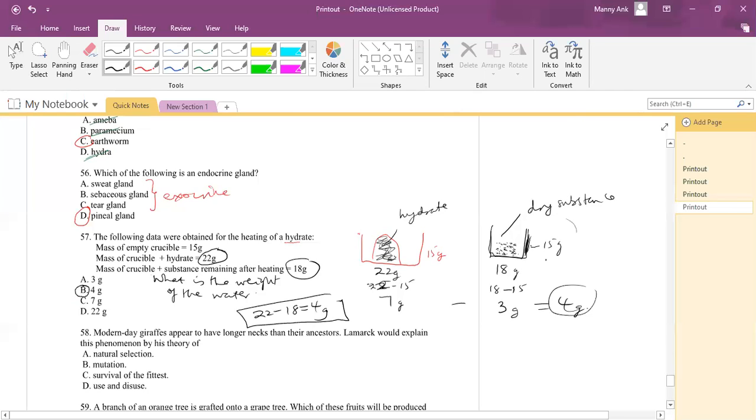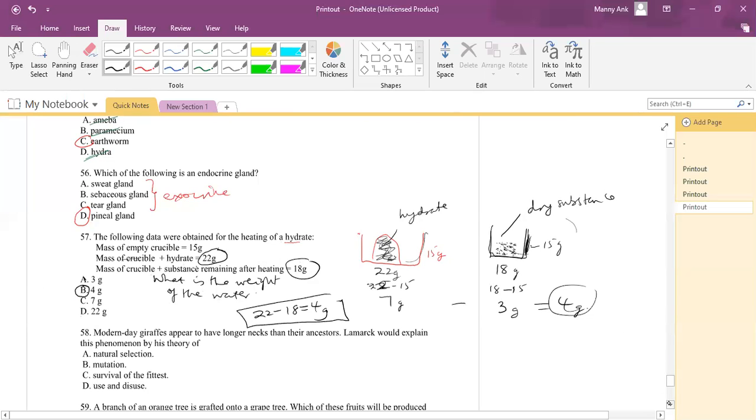But I did all this to show you what is happening. You take out the weight of the empty crucible from each of them, and then you have the weight of the substances themselves. So if you get a question like this, you can just do the mass of the hydrate minus the mass after you've driven off the water, and that will give you the amount of water in it.